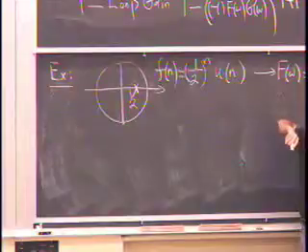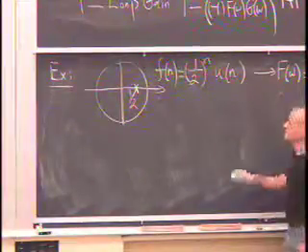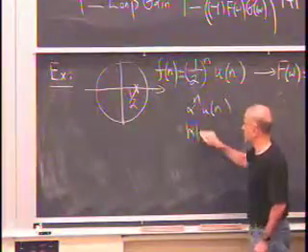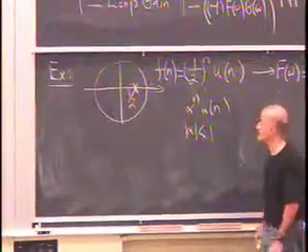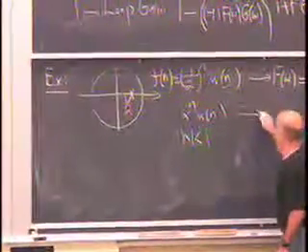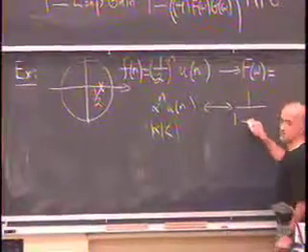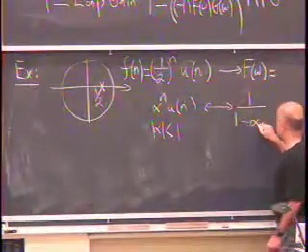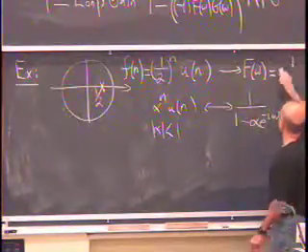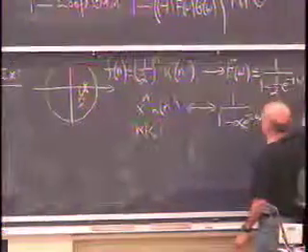This is another one of those forms that you need to get familiar with. Alpha to the n u of n, when alpha is less than 1, in other words, it's inside the unit circle. In this case, I have a 1/2. Corresponds to what? 1 over 1 minus alpha e to the negative i omega. So in this case, it'll be 1 over 1 minus 1/2 e to the minus i omega.